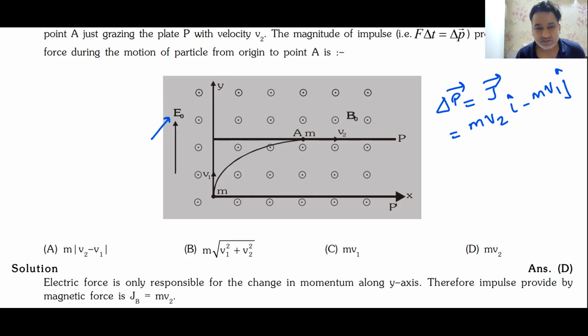There was no momentum along the x-axis when the particle was projected. Whatever momentum has come along the x-axis has only come because of the magnetic field trying to turn it into a cycloidal path, and therefore the answer is m into v2.